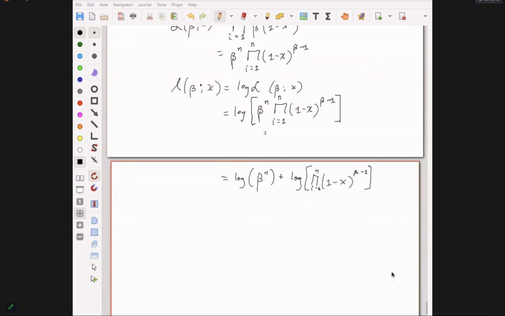So now how do we simplify from here? Maybe n log beta, plus log of beta minus 1 multiplied by 1 minus x. Okay, n log beta plus, and then how does the product split up?